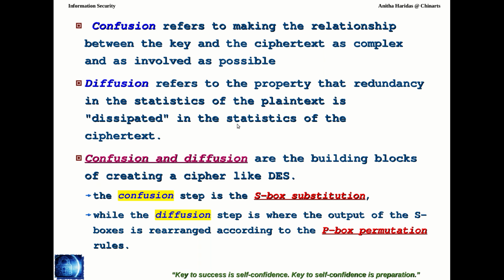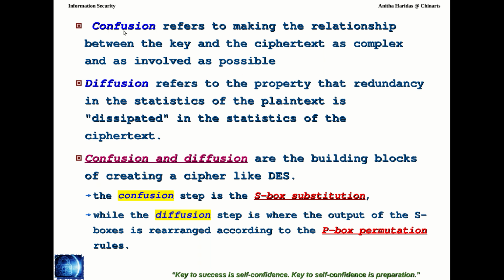Because we have seen the statistical attack may happen in the crypto system. So to overcome this difficulty, we are going to diffuse the plain text. Diffusing is nothing but shuffling the bits as many times as possible. This is what we call diffusion.